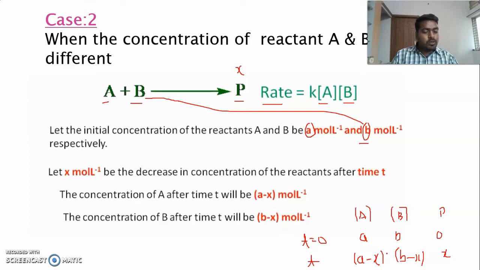In this derivation we are dealing with two different initial concentrations. As a result, at time T, a minus x is the concentration of reactant A remaining, b minus x is the concentration of reactant B, and x is the amount of product formed.